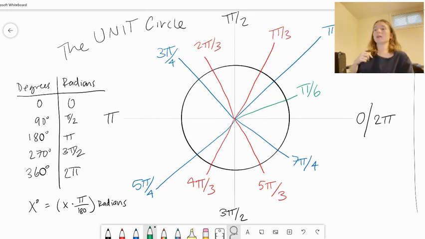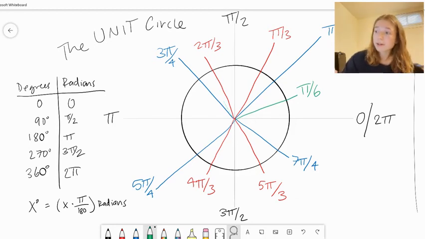And then the next angle would be 2 pi over 6, but that's also equal to pi over 3. So we'll let that be. The next one would be 3 pi over 6, but that's also equal to pi over 2. So we'll let that be as well. And then 4 pi over 6, which is also equal to 2 pi over 3. Again, we've got that one labeled.